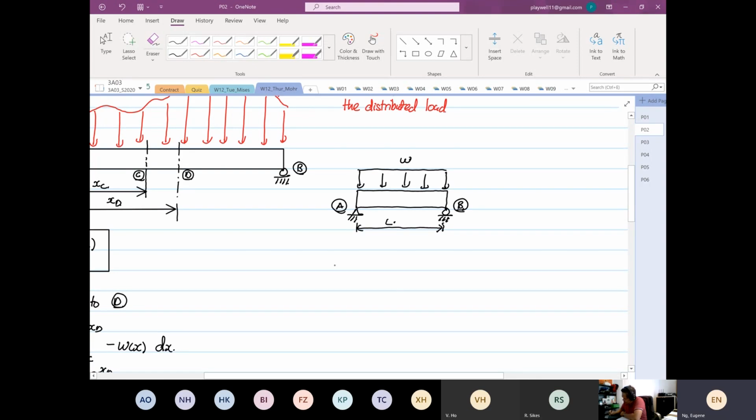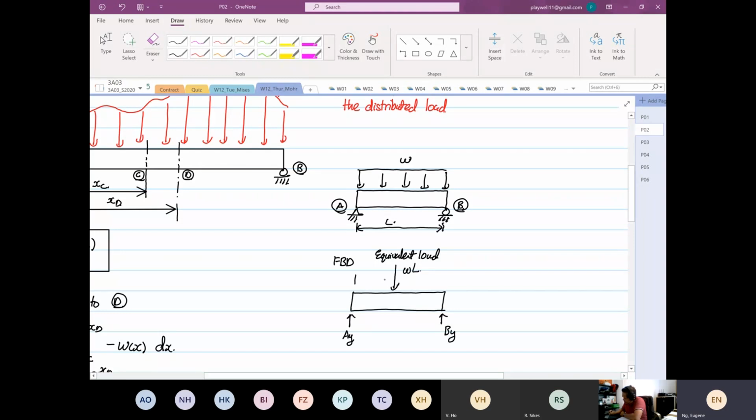When we consider the free body diagram, this is straightforward, right? We know that this is AY, this is BY, and the equivalent load. So the equivalent load is equal to omega multiplied by L, right?